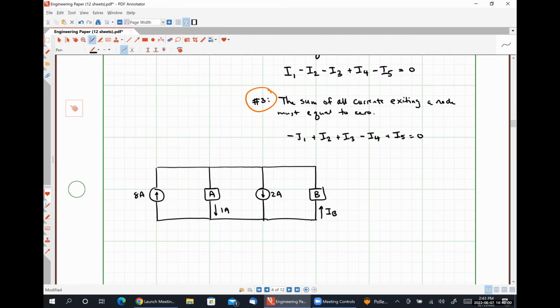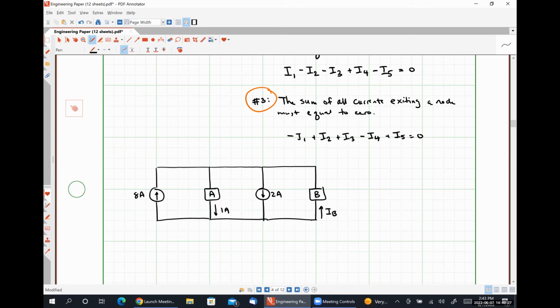So one of you, please choose which formulation of Kirchhoff's current law we are going to use, number 1, number 2, or number 3. Let's see, number 3. Number 3, okay.